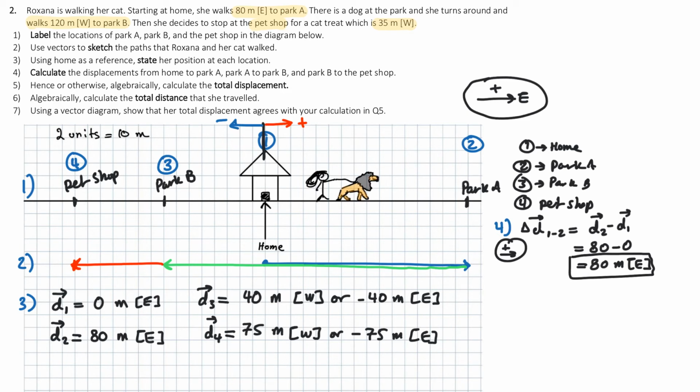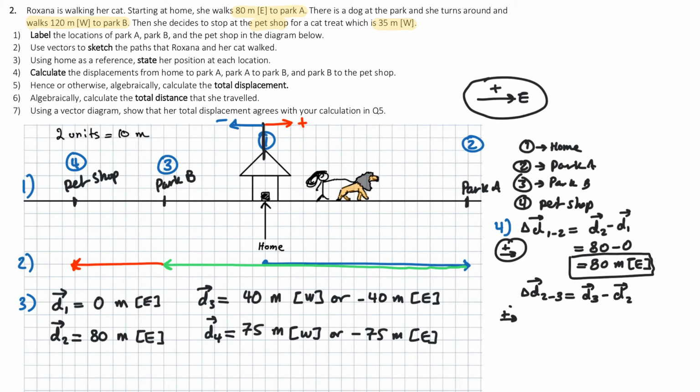And then we're also asked to find the displacement from park A to park B. So park A is number 2, park B is number 3. So that's going to be position 3 minus position 2.